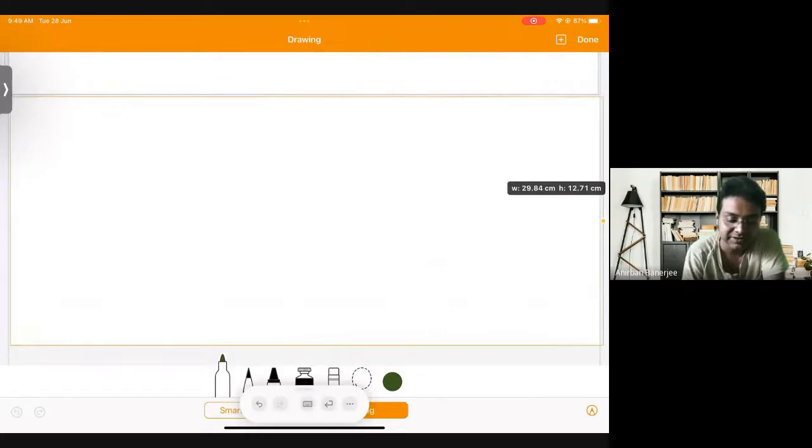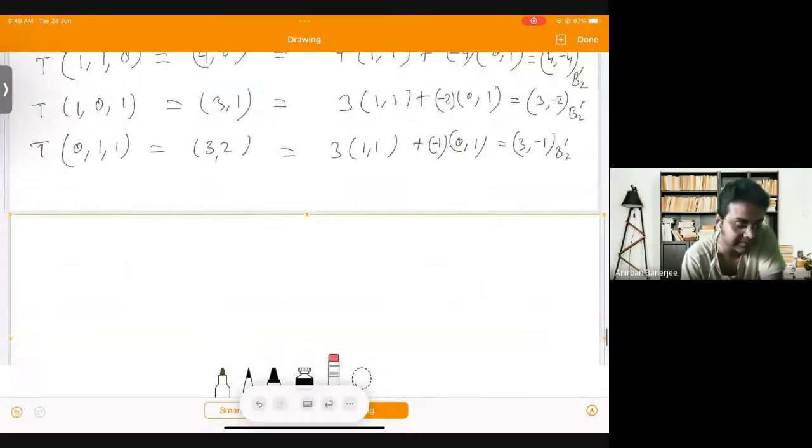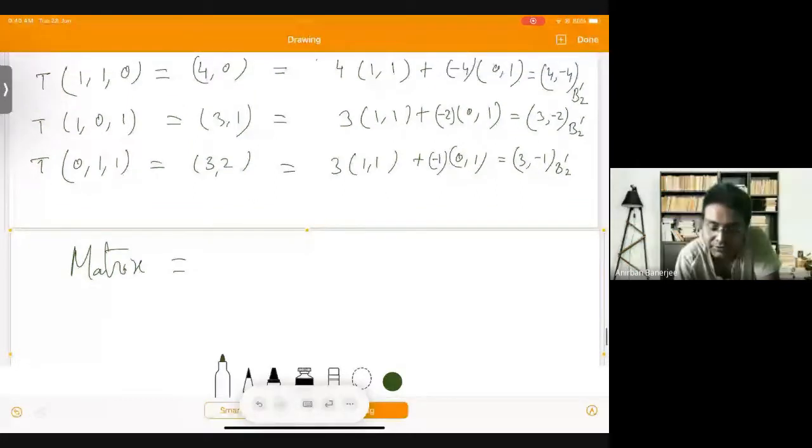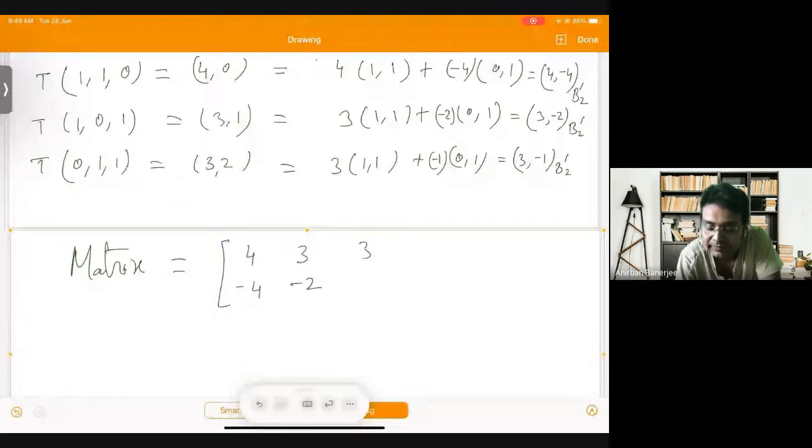Okay. Now the matrix will be, whatever our desired matrix, what we wanted to figure out, that is 4 minus 4, and column wise we are writing 3 minus 2, 3 minus 1.